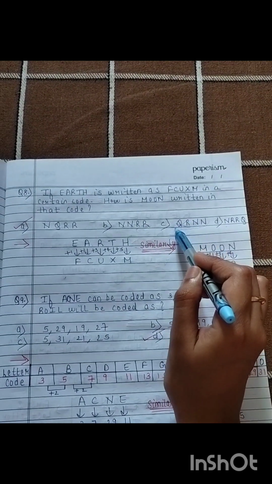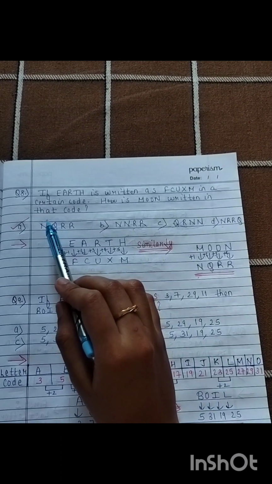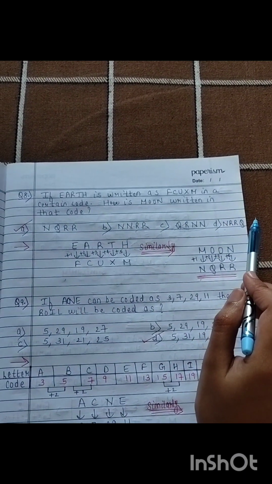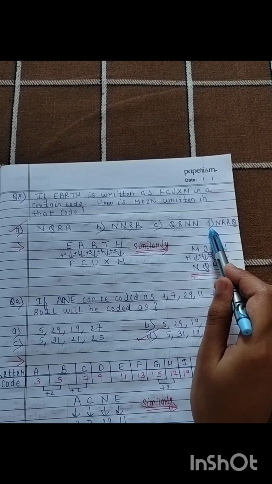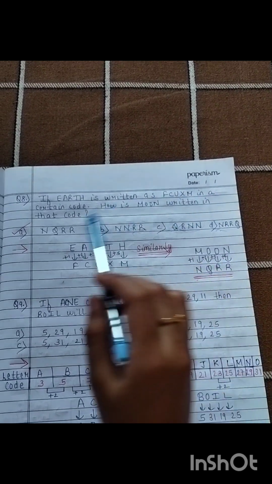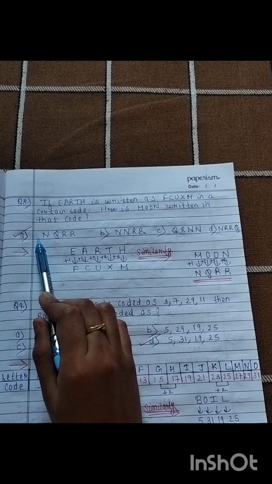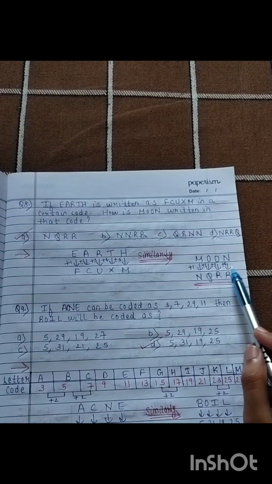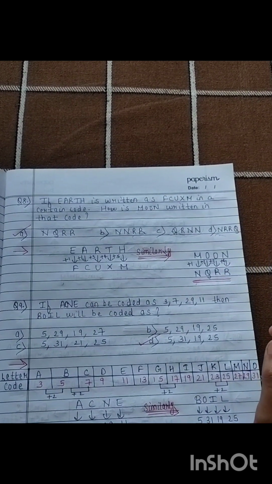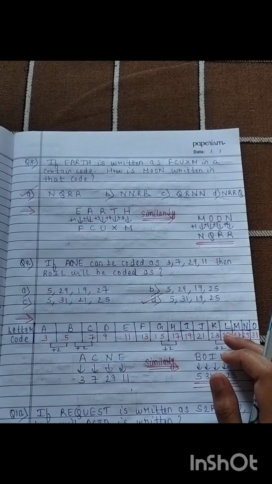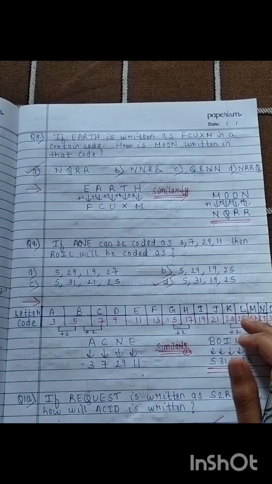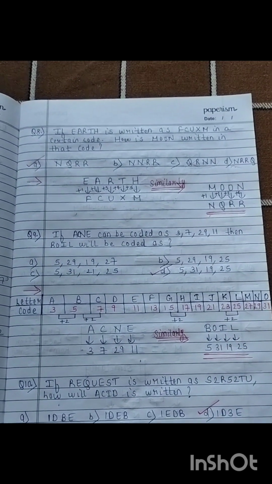Between A and D, option D is also deleted. So the answer remaining is A. So quickly you can solve, no need to solve all the other letters. So this was about the homework questions which I had posted in the previous video.